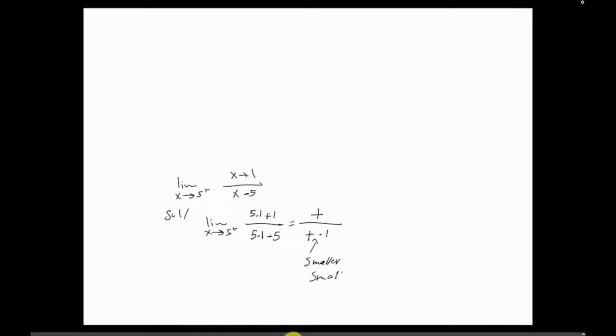Which means that the fraction is getting bigger, because as you know, whenever the denominator gets smaller, the fraction gets bigger. So this means that I am approaching positive infinity.